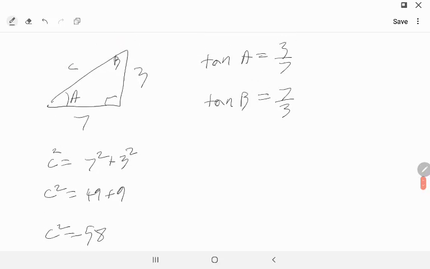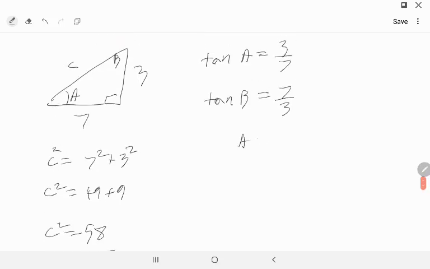But we also notice we could say that angle A, for instance, is the inverse tangent of 3/7. We can again use that inverse angle idea. On your calculator, it'll often be second tangent or something like that that will give you inverse tangent.